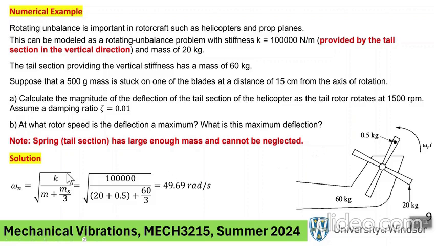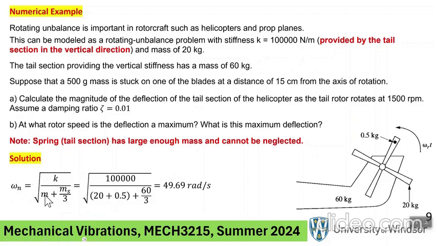Okay, there we are. So the natural frequency is going to be the stiffness. We know the stiffness is given here. And let me again remind you that these can be estimated based on the cantilever beam, in a sense, a very crude approximation, of course.